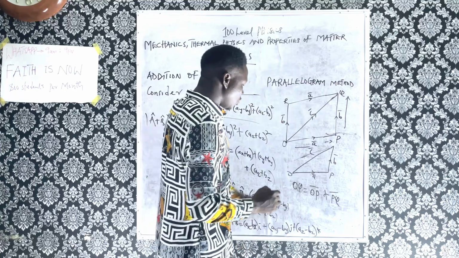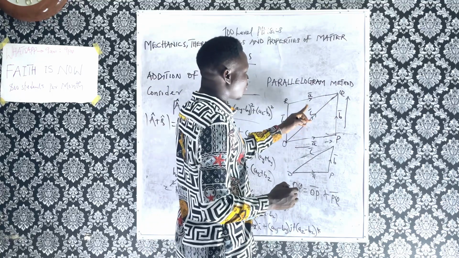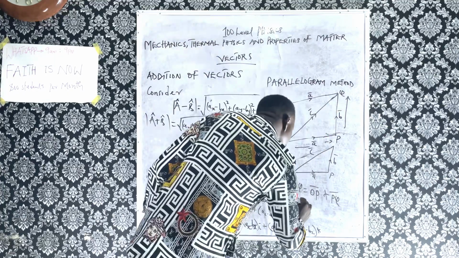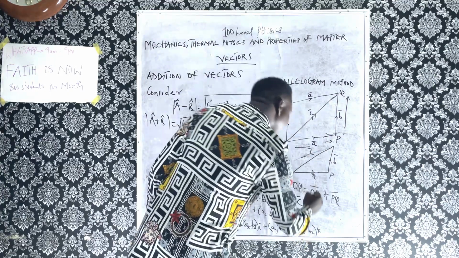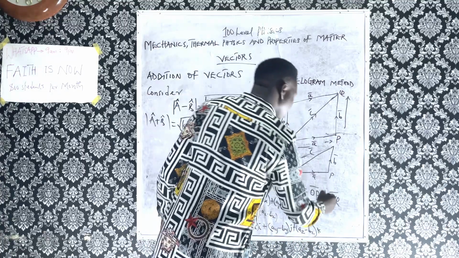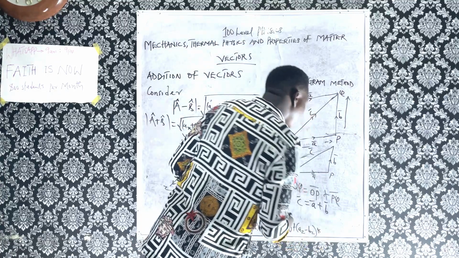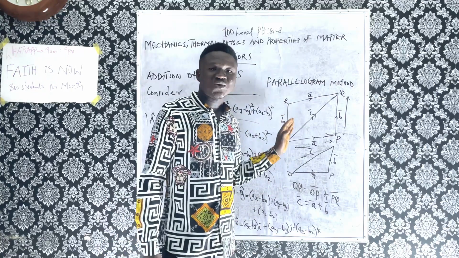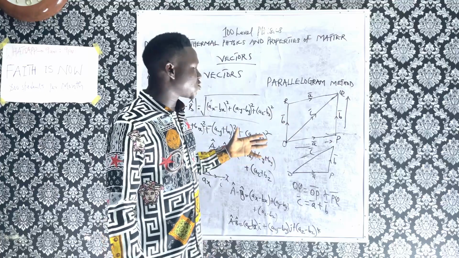If we change it down to what they represent, OQ is C, OP is A, plus PQ is B. This is how you get the total vector.